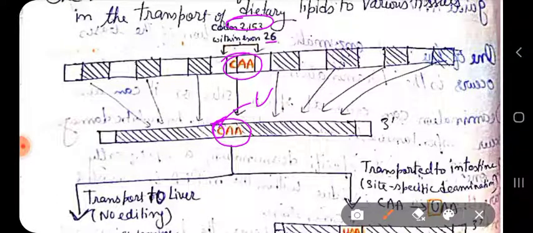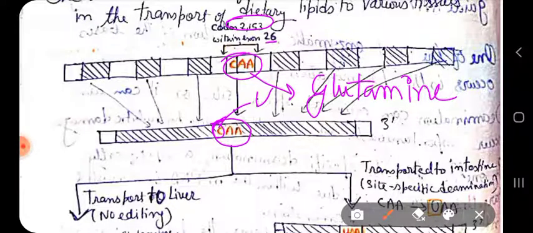by deamination reaction. Now this CAA codon generally codes for what? Glutamine. Generally this CAA codon codes for glutamine, but when deamination of cytosine occurs, it forms UAA in that place.